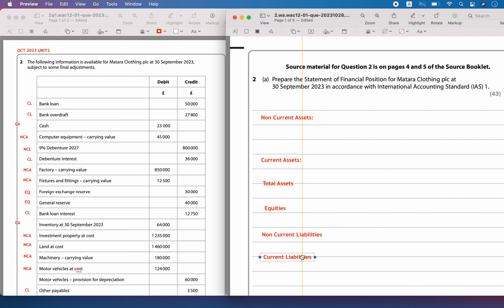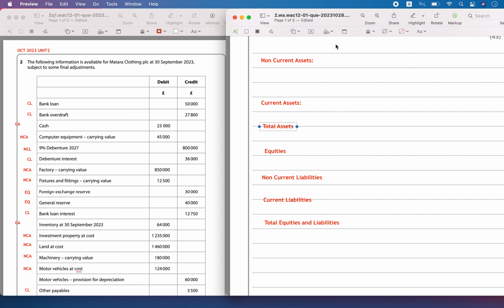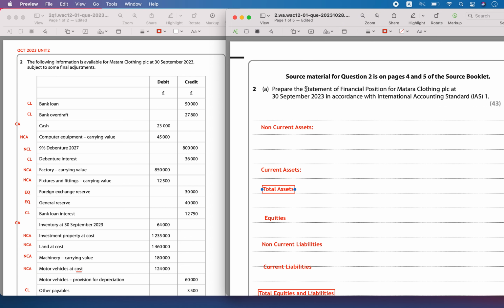Then you will calculate the total equity and liabilities. You should see that the total assets section and the total equity and liabilities section should balance in the statement of financial position. So you can write the heading: this is the statement of financial position for Matara Clothing.